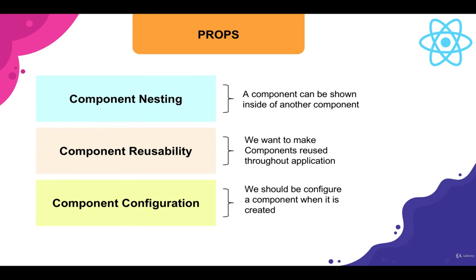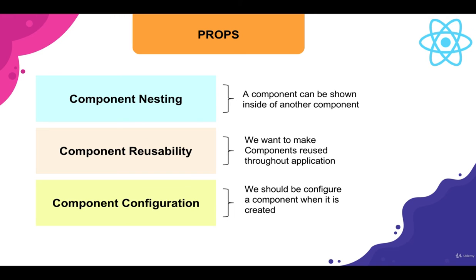And then finally, very tightly coupled with reusability, component configuration. So I just gave you the example of a button, right? Now, most buttons will look very similar, but there's tiny little pieces about every single button that need to be customized in some very specific way.